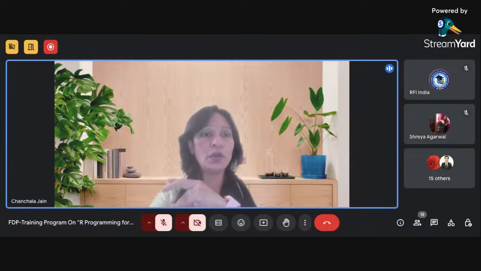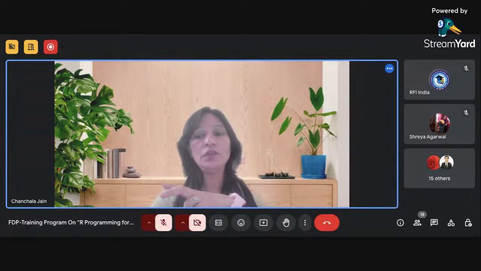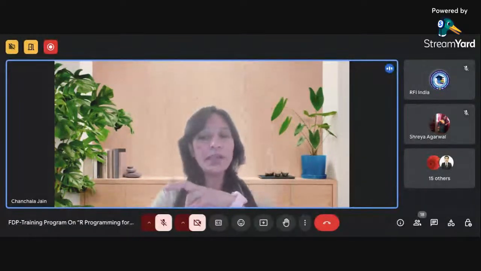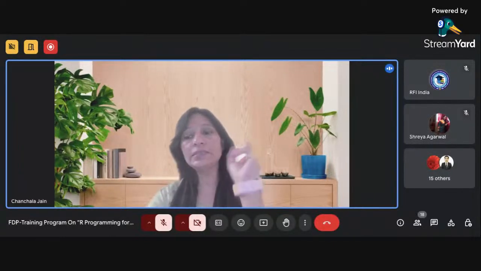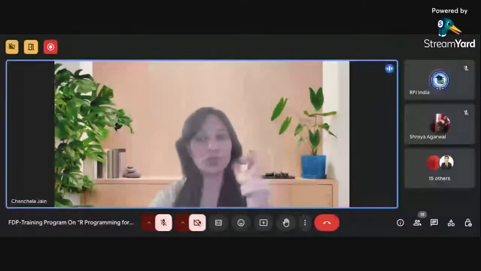Further, I talked about ANOVA. I said it is an extended form of the independent sample t-test, where you again want to find the significant mean difference. In ANOVA, the variable that is categorical should have at least three categories, so that you can compare the mean difference in those categories for the dependent variable, that is a continuous variable.